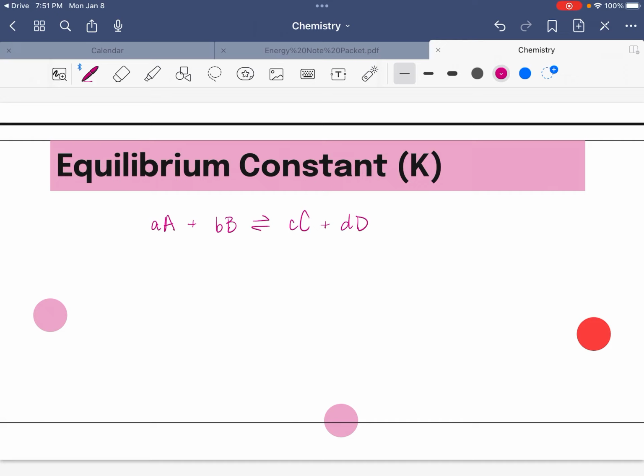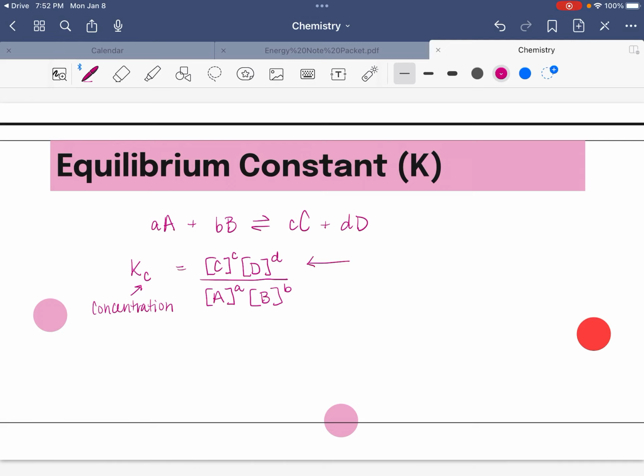For Kc, the c just stands for concentration. We would set it up for this equation as capital C raised to the lowercase c, and capital D to the lowercase d, over capital A in brackets to the lowercase a, and capital B to the lowercase b. That would be our equilibrium constant equation.